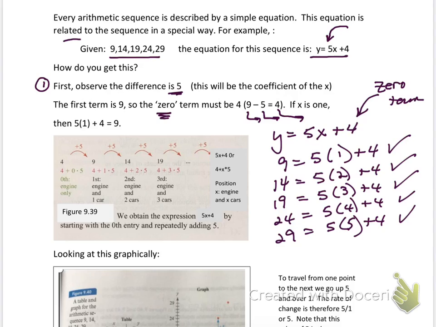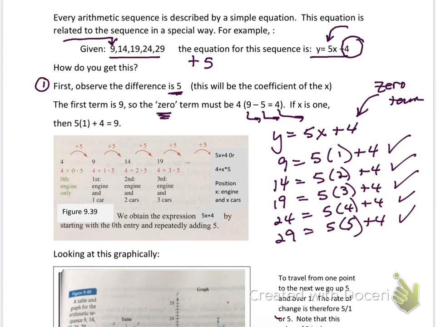Okay, so very, very big point. The first term here is the first term, but you need the 0 term to start your equation. So subtract away your first term, because aren't you adding 5 each time? Well, figure out the number prior to the 9.